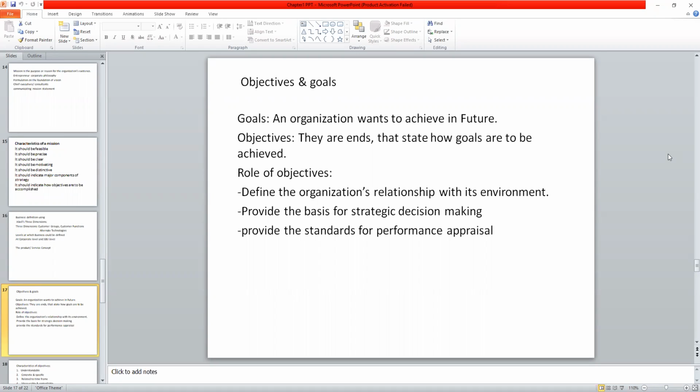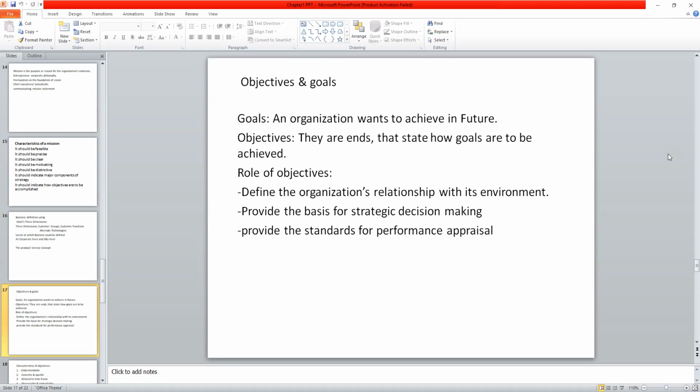But still, we say that it's a futuristic lookout. It's a broader perspective of financial and non-financial issues addressed by the goals that a firm sets. So here we say they are also generalized in terms of achieving. They are broader as they do not pinpoint towards a particular aspect.